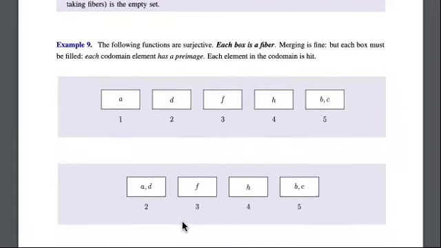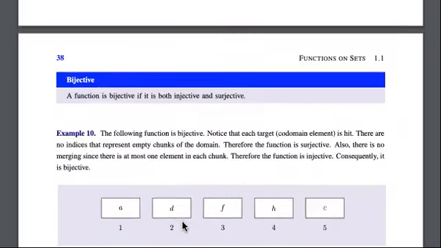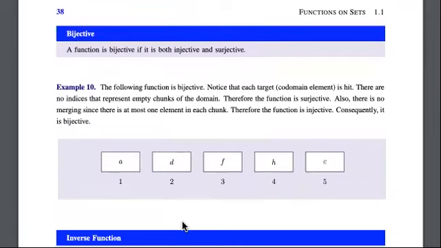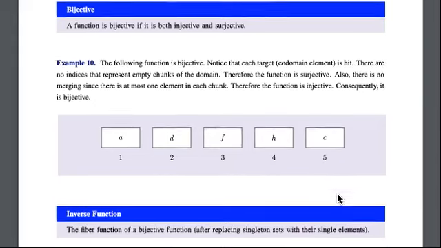Okay, so that's surjective. Bijective means it's injective and surjective. So all the boxes have something in them, but you can't have more than one thing in any box. So every box has exactly one thing in it. So it's bijective. Basically, it's a straight relabeling from domain to codomain, just naturally injecting and surjecting over.